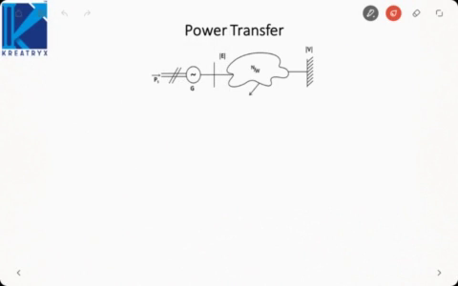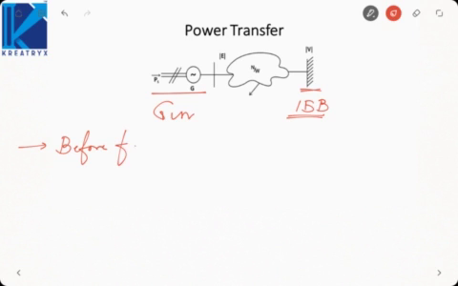Now whenever we are talking about transient stability analysis, we have to consider the power transfer between the generator and the infinite bus. This is my generator, this is the infinite bus bar. So here we take three cases. First one is before fault occurrence.